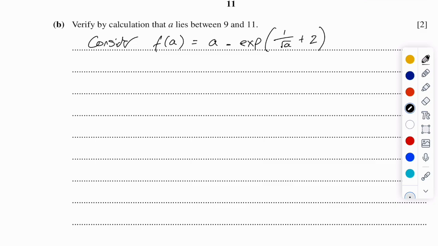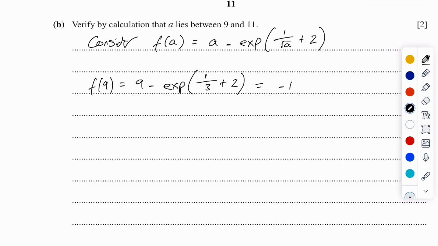Brilliant. I can then say f of 9 is equal to 9 minus e to the 1 over root 9, which is 3, plus 2. What does that give us?